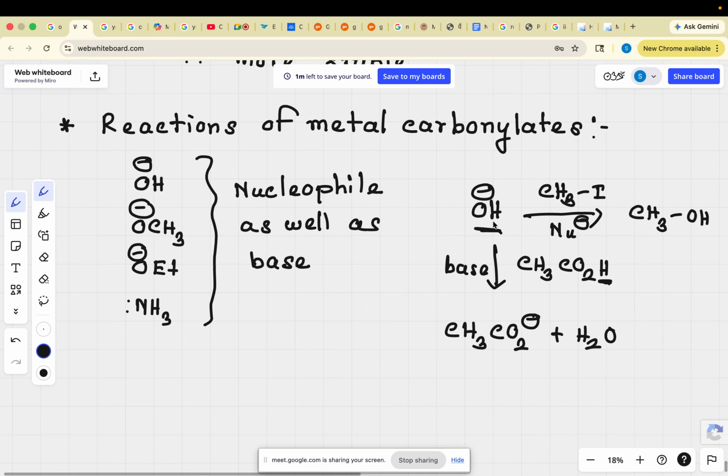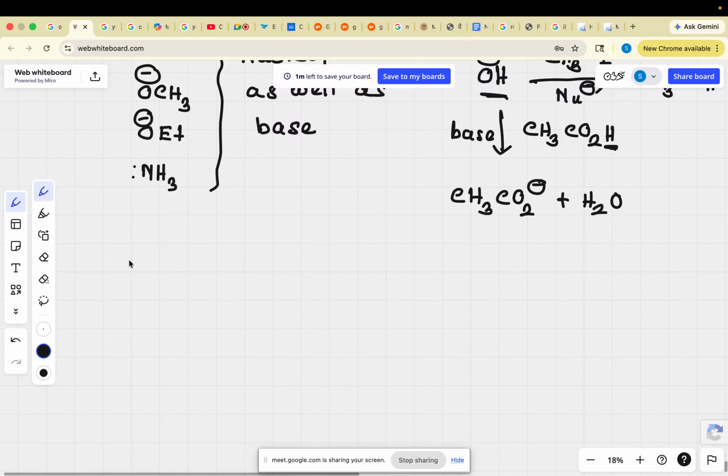So these metal carbonylates, in general, suppose you have M(CO)x with a negative charge.